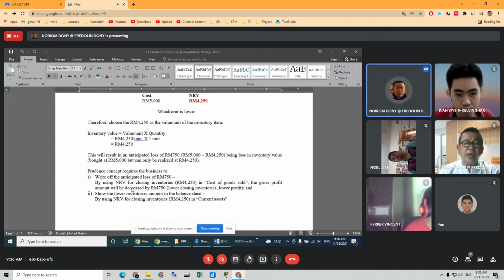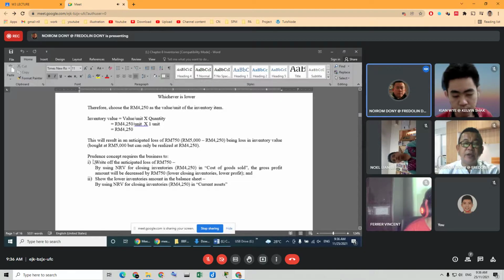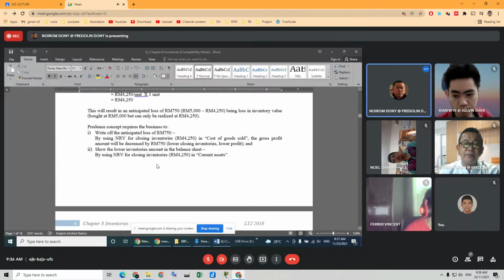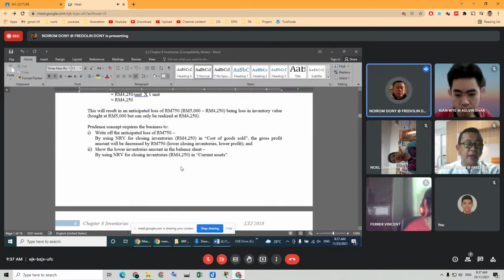So meaning we already have the double entry: we have credited the inventory and we have debited the cost of sales. So that is the double entry actually, by using the prudence concept. Now, can you understand the first illustration?